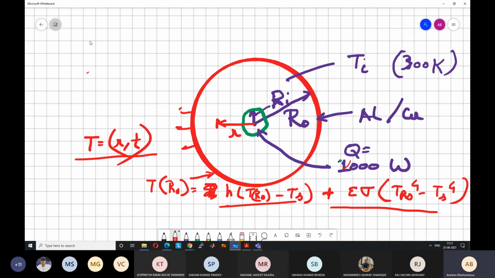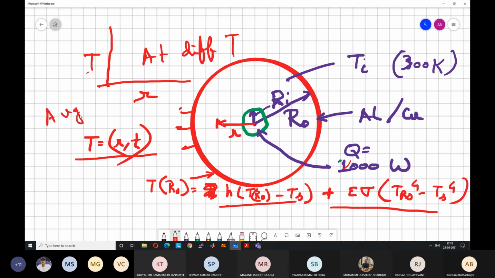Like you should draw plots like this: temperature versus R at different times. Similarly, average temperature for different Q.